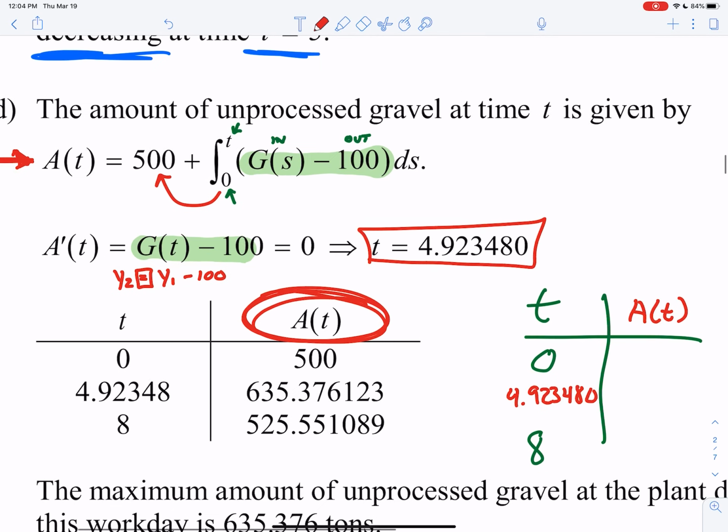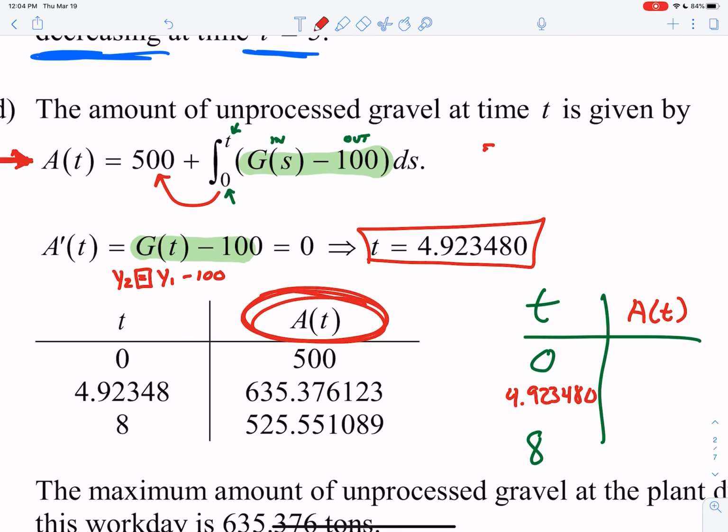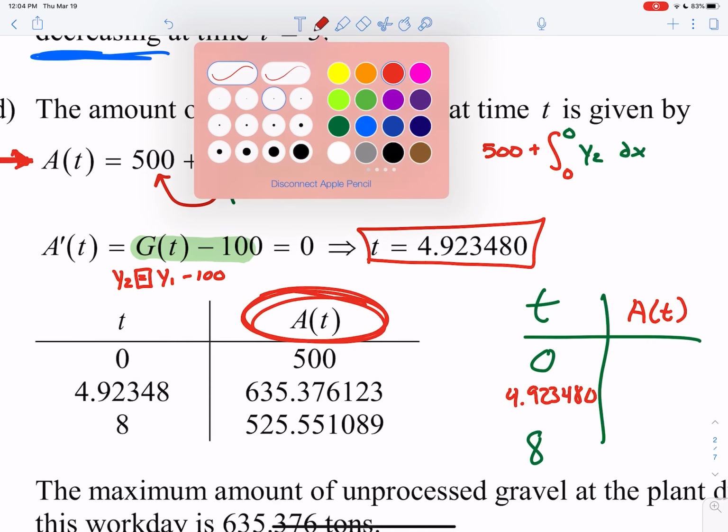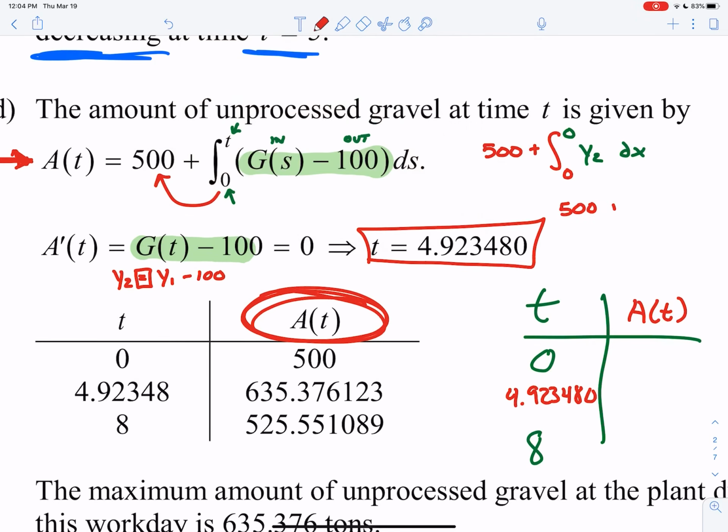What I would probably do is type out 500 plus, this is where I'm at my home screen, the integral from 0 to, in this case, my first value is 0, of y2 dx.